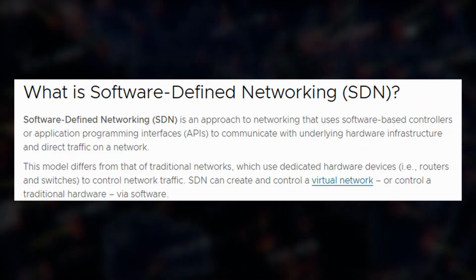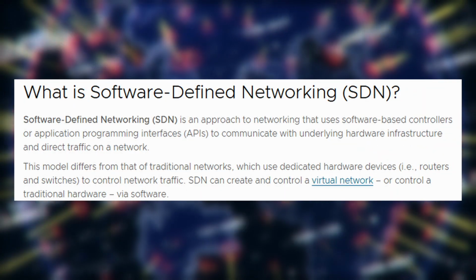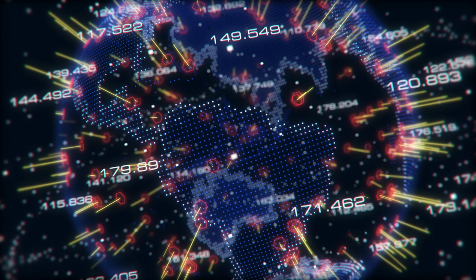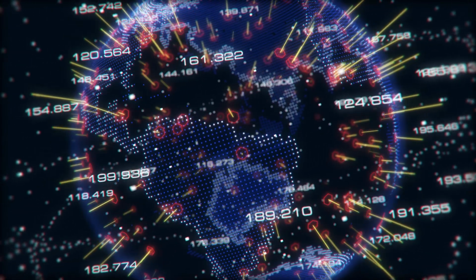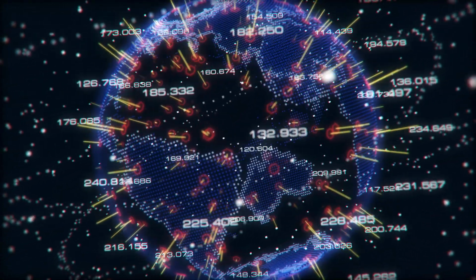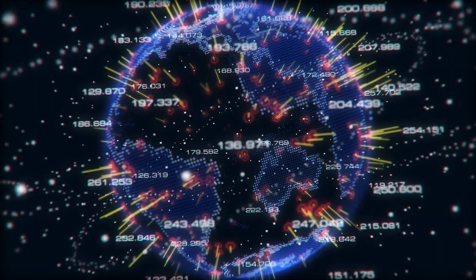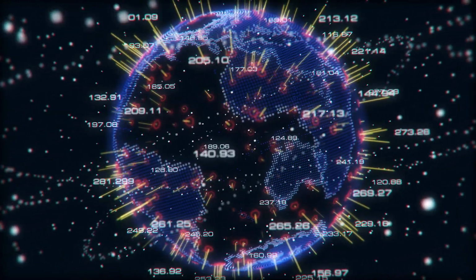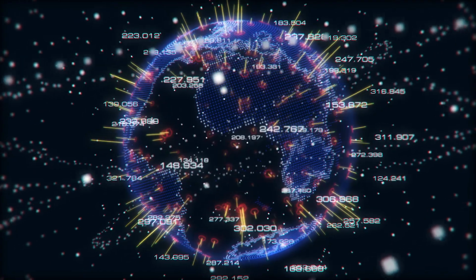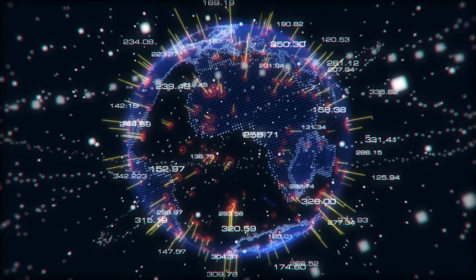SDN separates the control plane, the brain of the network, from the data plane, the part that moves packets. Instead of every device deciding for itself, SDN puts the brain in a central controller, which tells all the devices what to do. In simple terms, traditional networking equals each device thinks for itself. SDN equals one smart controller manages the whole network.